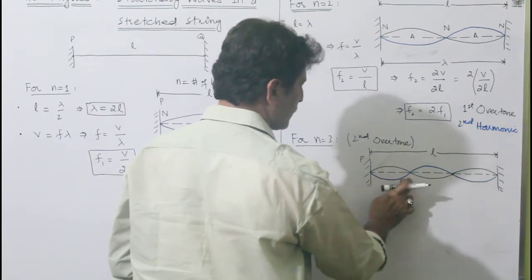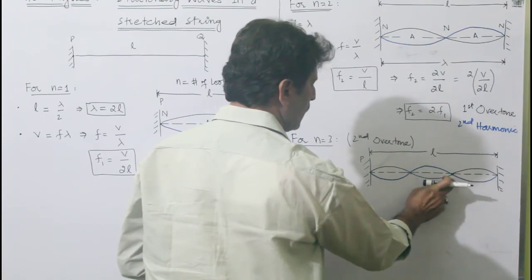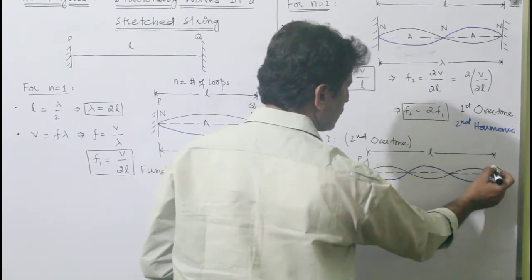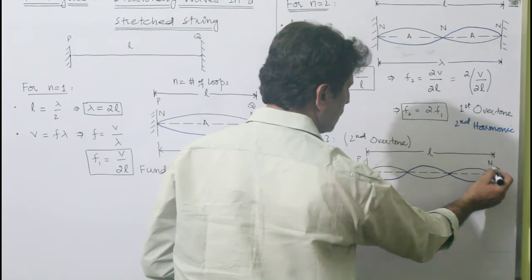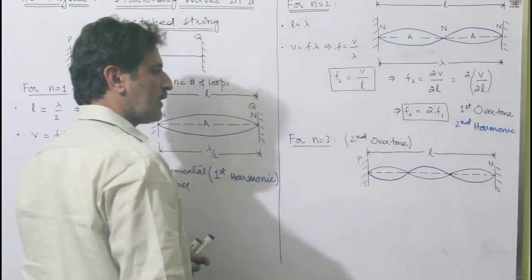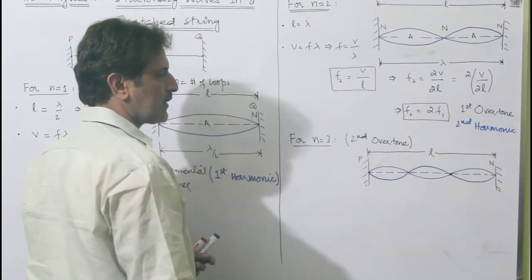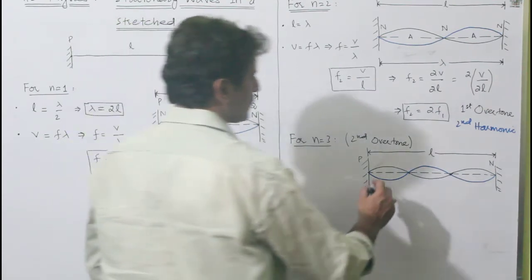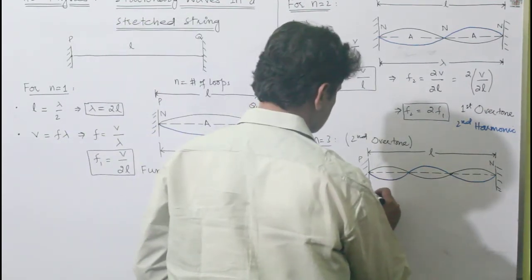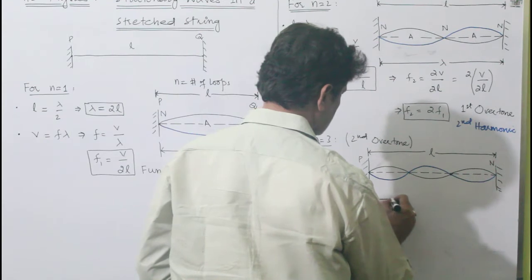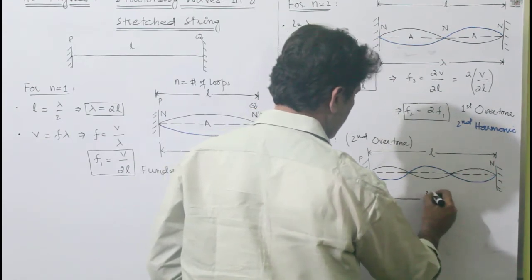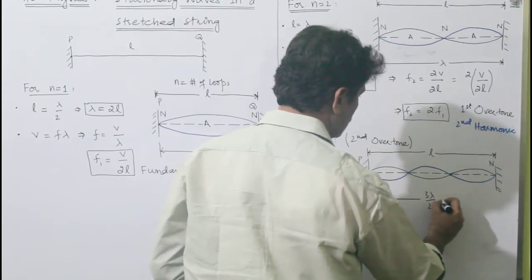It is the first node, second node, third node, and up to the fourth node, that is 1.5 wavelengths or 1.5 waves. So we can write here the 1/2 wavelength. That can be denoted as 3/2 lambda.